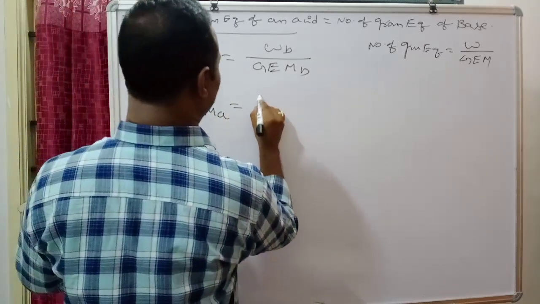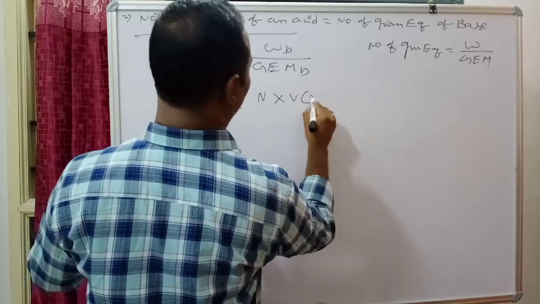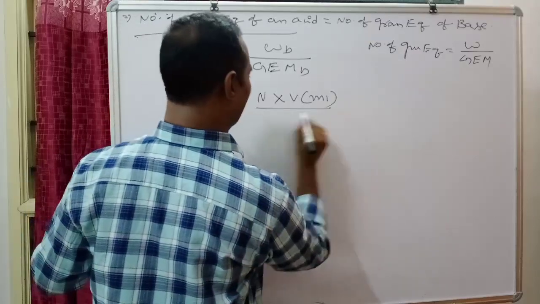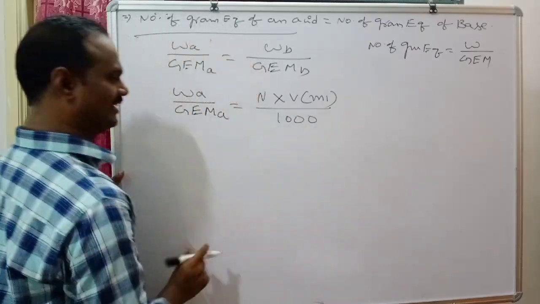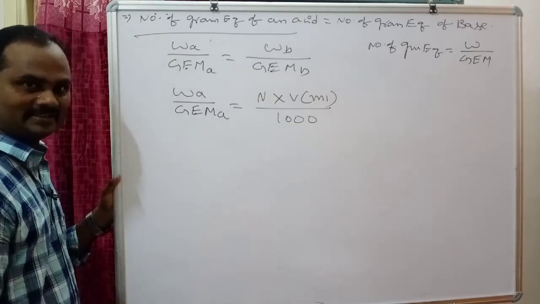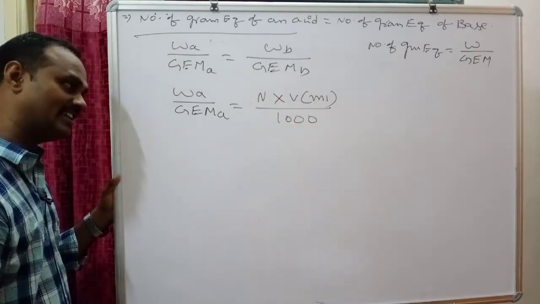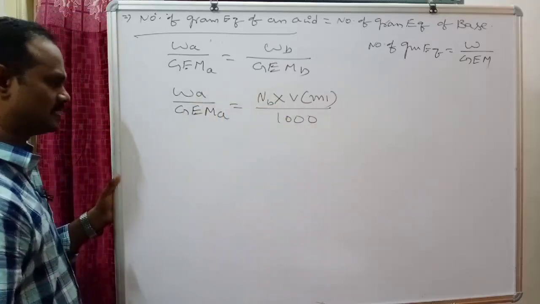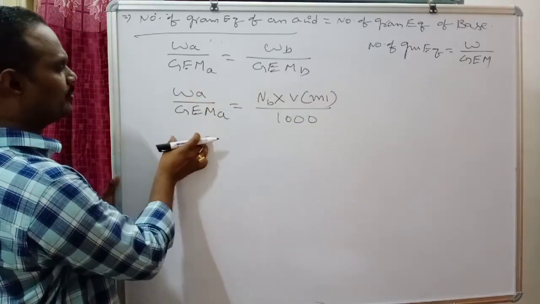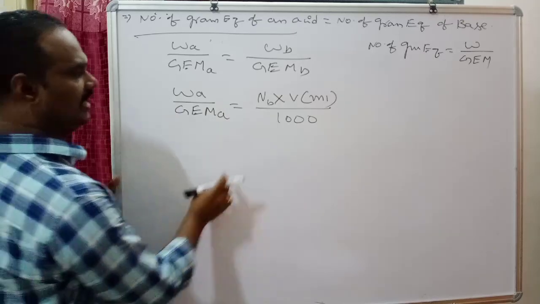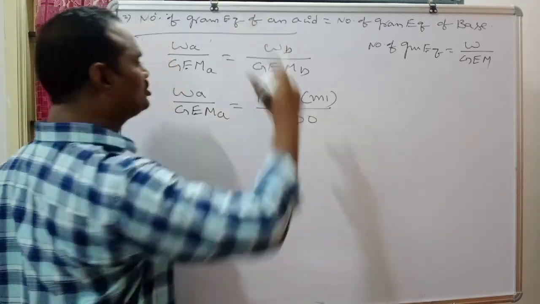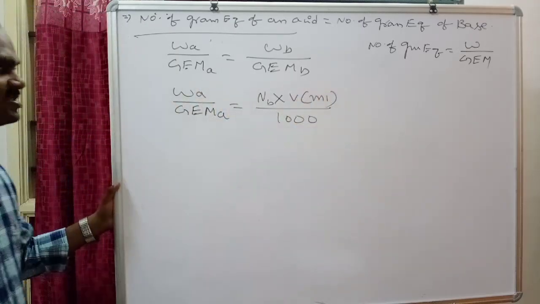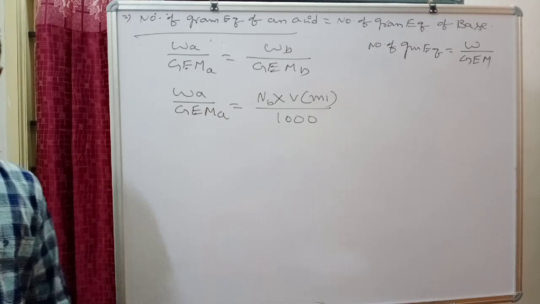If they give normality into volume in milliliter, this is gram milli equivalents; by 1000, it gives gram equivalents. Normality into volume in milliliter by 1000 is gram equivalents of base. Is it clear? Sometimes the number of gram equivalents of acid and the normality of base are given, and they ask how much volume is required. For that kind of question you can use this same formula and calculate. Is it clear?